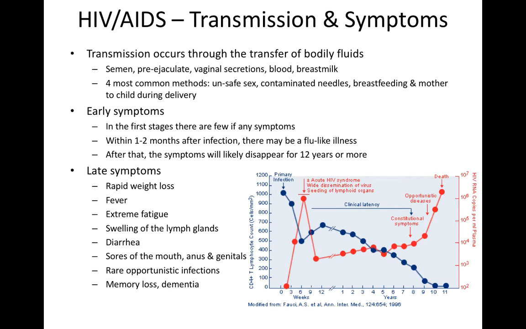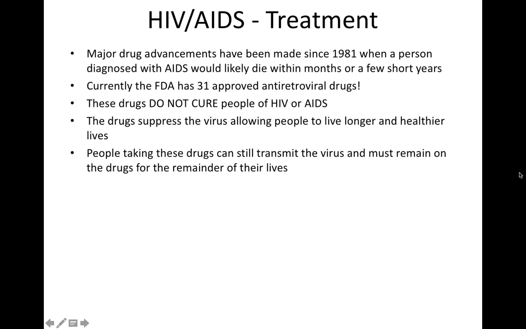Now, is everybody reaching that? No. Why are they not reaching it? Because treatment has gotten better. So we have multiple antiretroviral drugs that target HIV at multiple points in the viral life cycle. We use them in a cocktail formation, so you've got multiple different drugs that you're on each time.